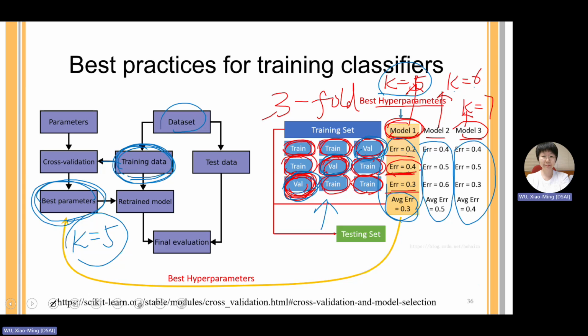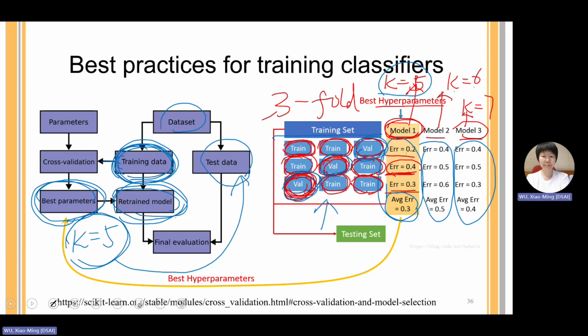Now that we have set k being 5, we can use all the data to retrain our model. But for nearest neighbor, it doesn't require any training. We can just use all the training data with k being 5, and then test the 5 nearest neighbor on the test data.